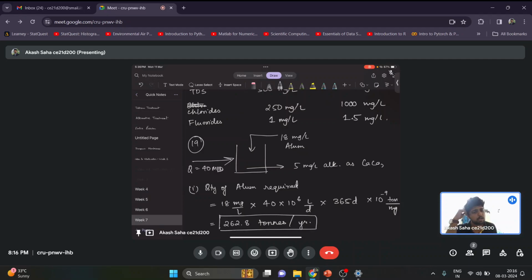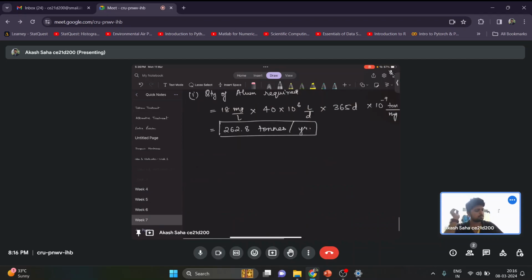Now we have to find out how much CaO is required. This is a thumb rule, and we know that 1 gram of alum reacts with 0.45 grams of alkalinity as CaCO3.